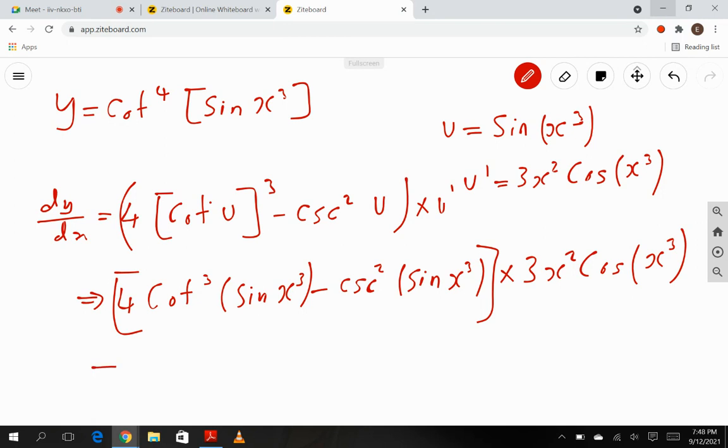Okay, then so now what you're having is you have this and that with a negative.